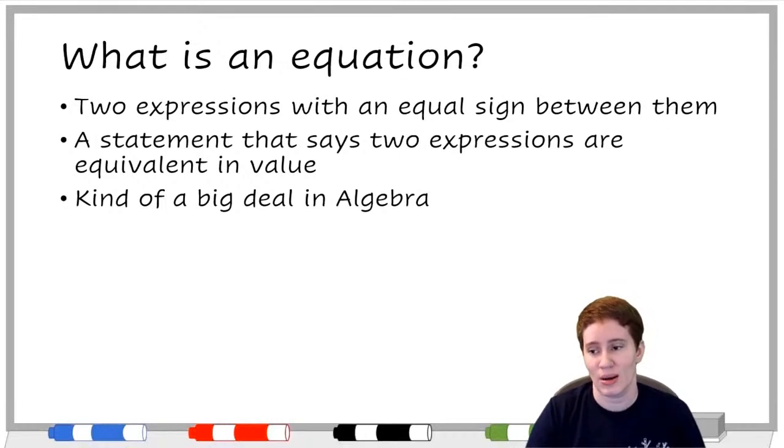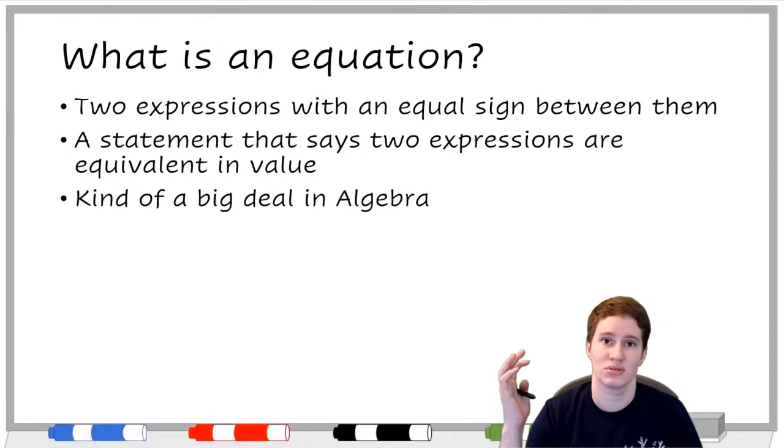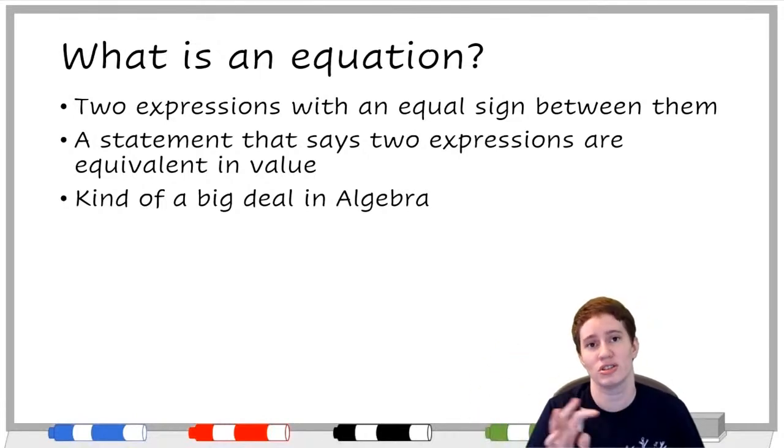So an equation happens when you have two expressions that have an equal sign between them, and it's showing that the thing that's on the left side of the equal sign and the thing that's on the right side of the equal sign are equivalent, that they are things that are replaceable. So kind of like if I had my name equals mom, those are interchangeable, right?